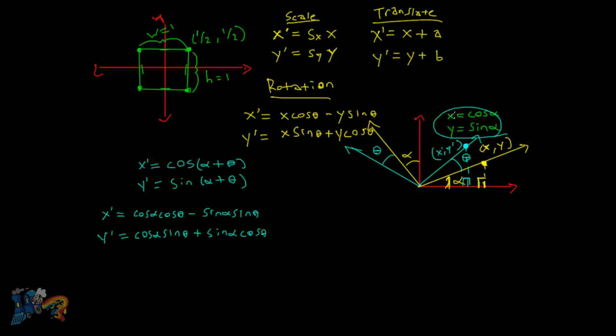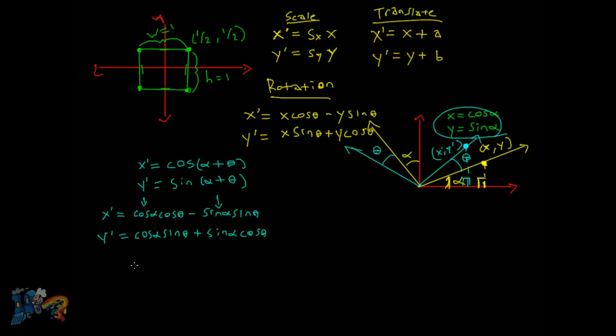Since it's equal to x, we will replace it with x. And anywhere we have sine of alpha, we can replace it with the original y value, which gives us what we were hoping for.